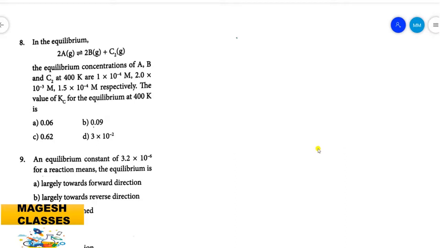For a reaction, Kc is equal to the concentration of products at equilibrium condition divided by the concentration of reactants at equilibrium condition.